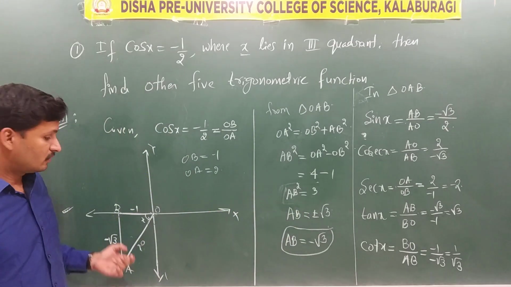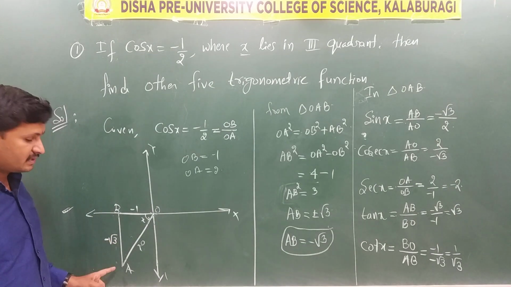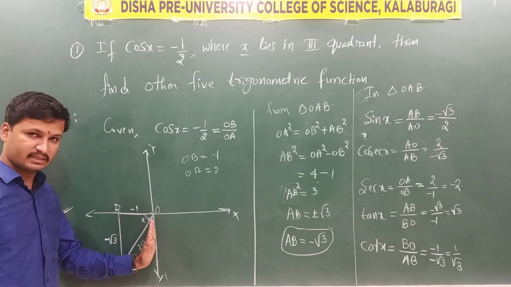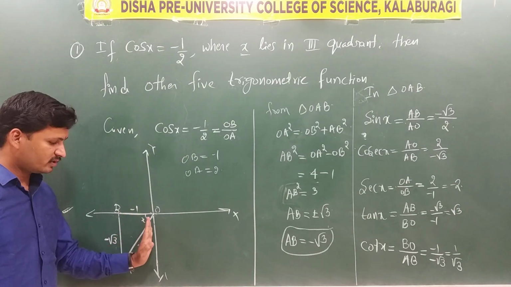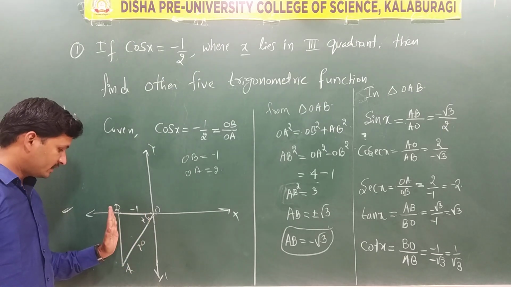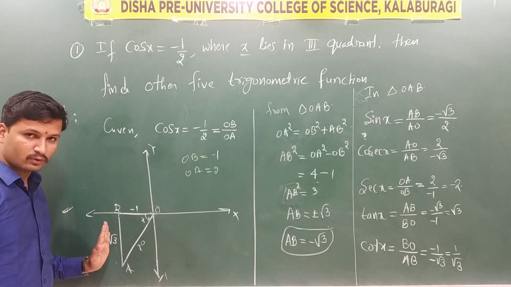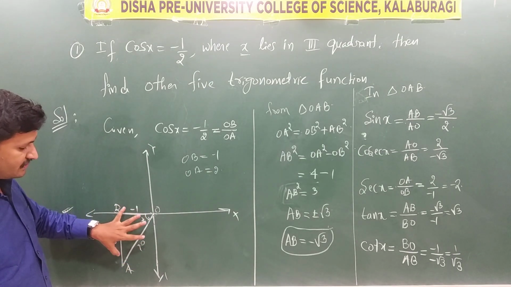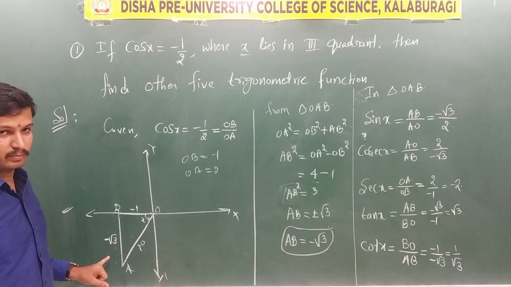It depends on where the side AB is. Here AB is parallel to the y-axis, that is the negative y-axis, so we need to take AB as minus root 3. Now we know all the sides: minus 1, 2 and minus root 3.